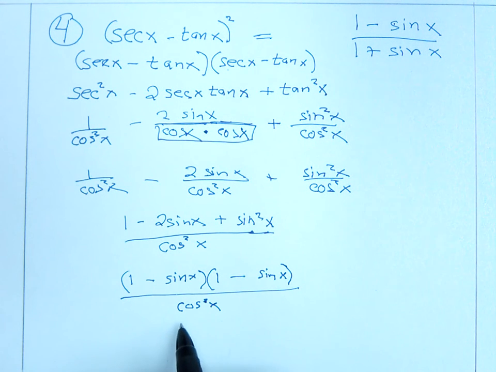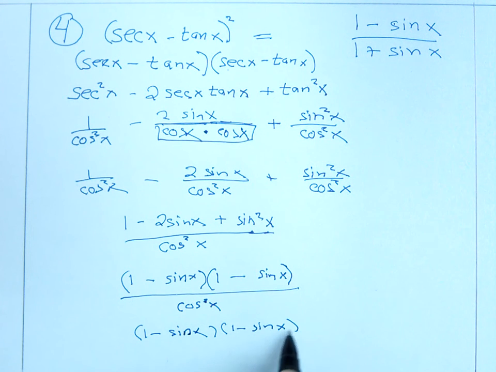All right. So we're going to replace this with 1 minus sine squared. We get 1 minus sine times 1 minus sine. And on the bottom, we're going to get 1 minus sine squared.